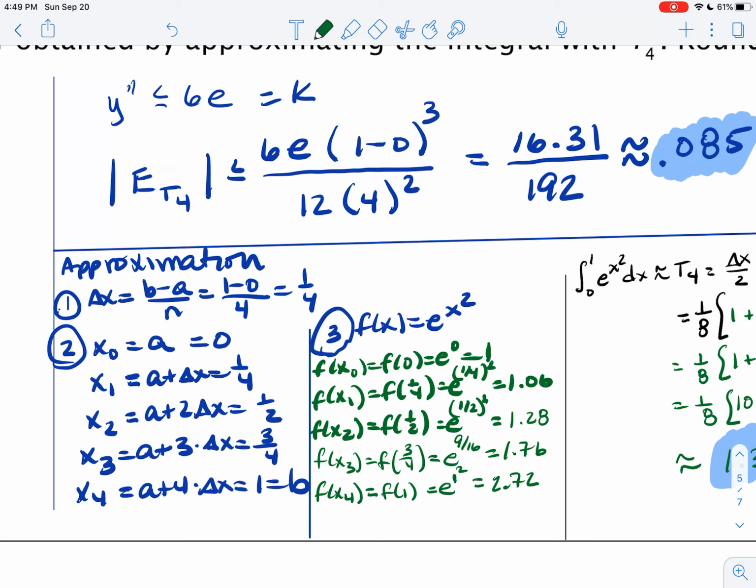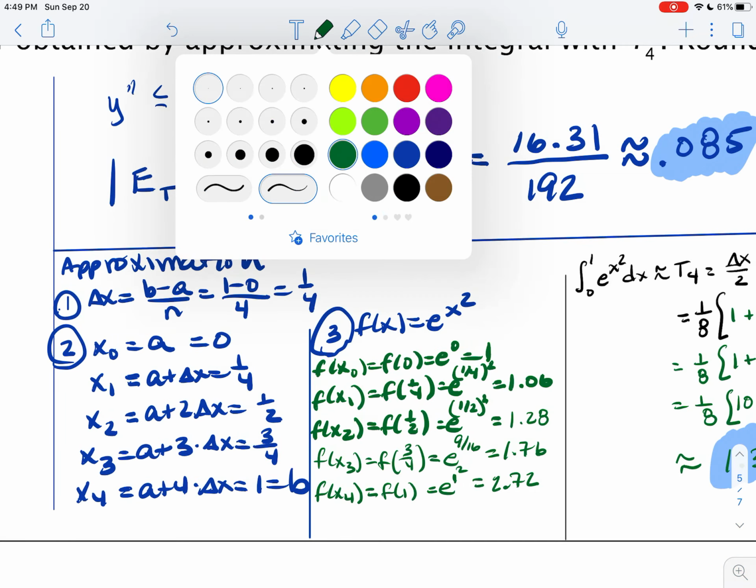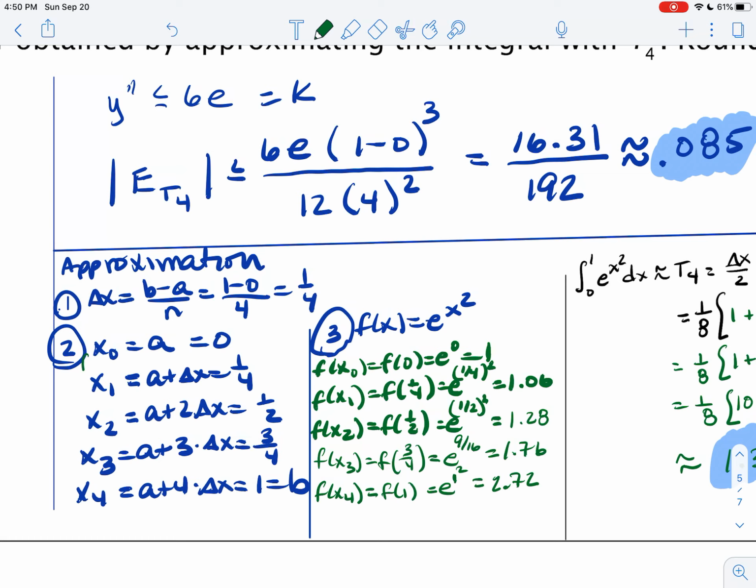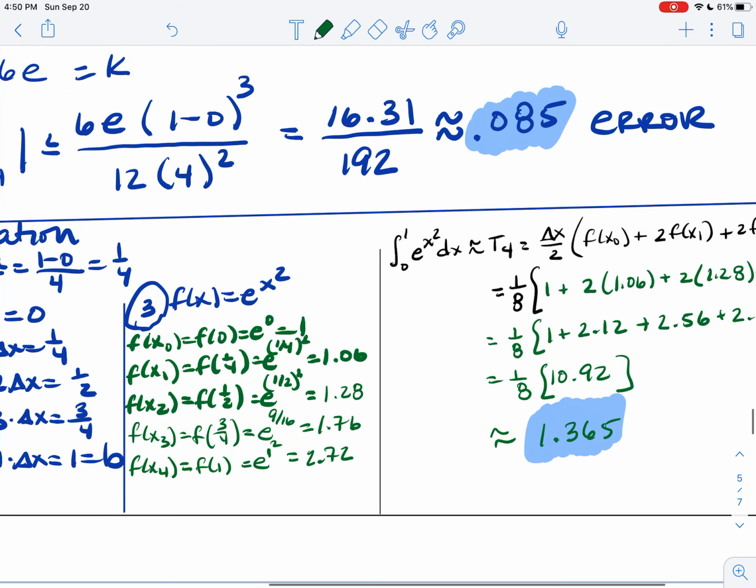The next step is to calculate our x sub 0, 1, 2, 3, and 4, and we know that x sub 0 starts with a, and with each subsequent x sub i we just keep adding 1/4, which is adding delta x. So 0 goes to 1/4, 1/4 goes to 2/4, which is 1/2, and 2/4 goes to 3/4 for x sub 3, and 3/4 goes to 1, and 1 should equal b.